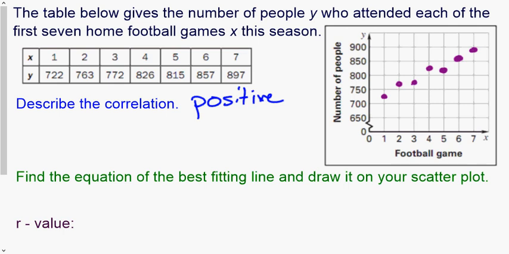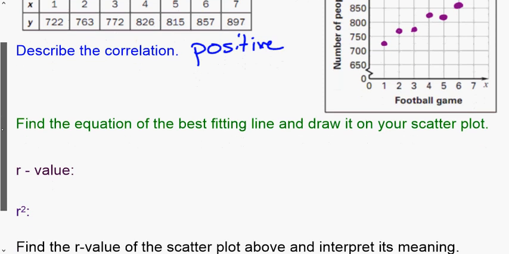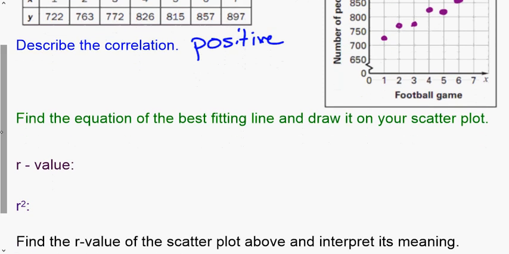So again, your L1 is going to be 1, 2, 3, 4, 5, 6, 7, and then L2 is going to be 722, 763, your Y values. Once you have those, you're going to press the stat button on your calculator, and then arrow over to calculate and select option 4, linear regression ax plus b.